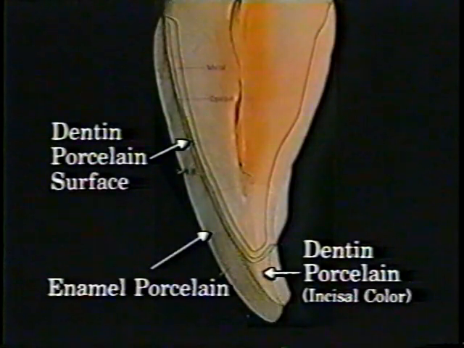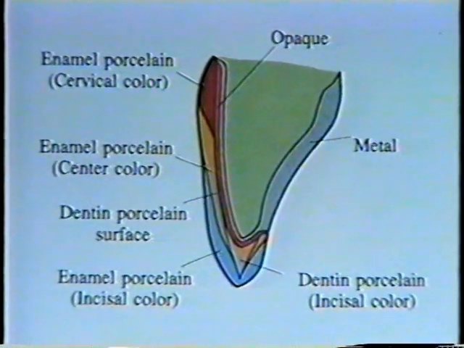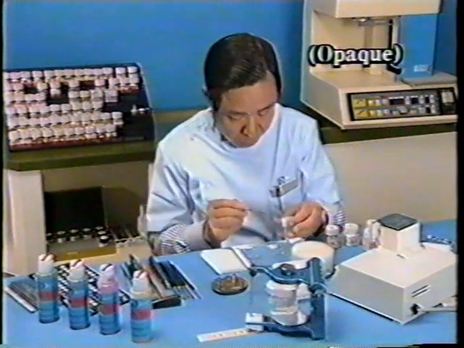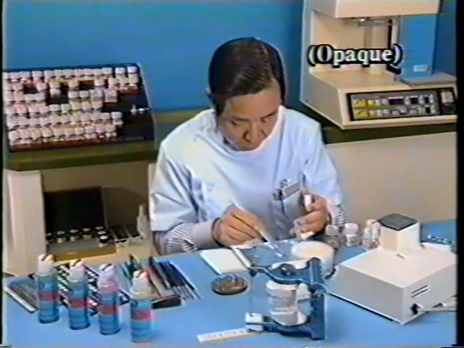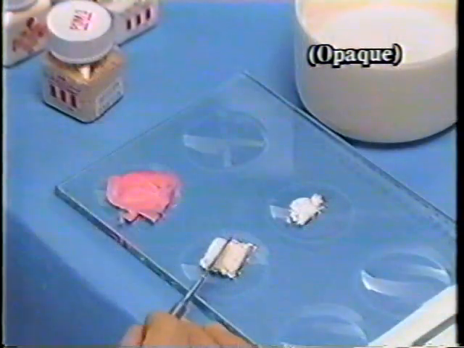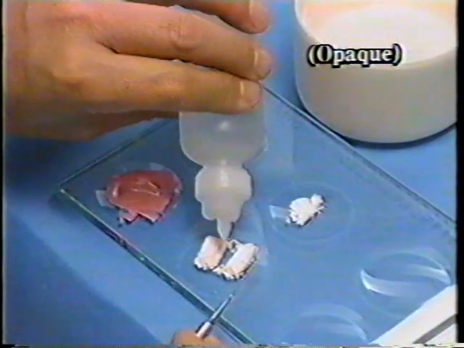Using the anatomical shading technique, we'll build out of porcelain an anatomically harmonized replica of the tooth, giving it a more realistic, three-dimensional color tone and refraction pattern throughout. We first apply the opaque porcelain.